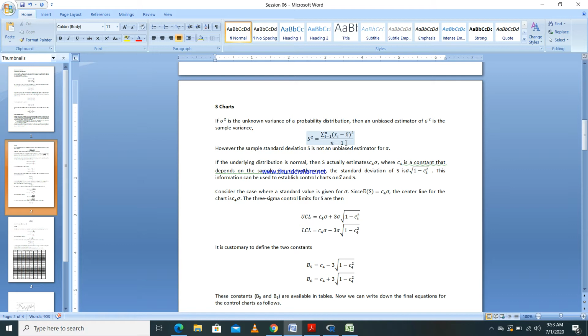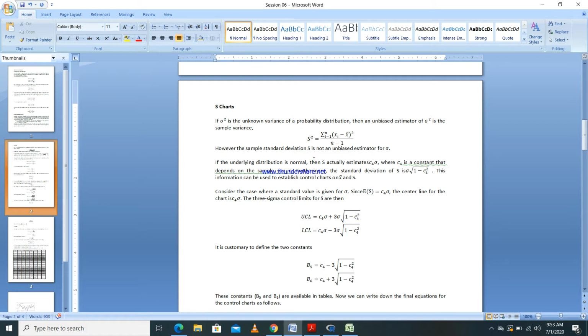So we know the sample variance is an unbiased estimator for the population variance. But since we are interested in the standard deviation, after calculating the sample variance, we take the square root of this to get the standard deviation value. But the standard deviation is not an unbiased estimator for the population standard deviation.